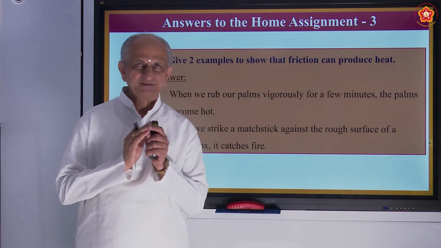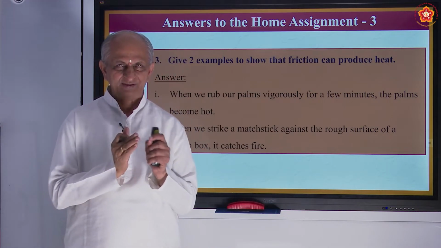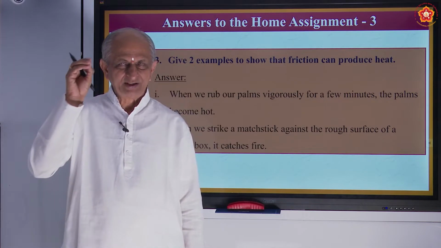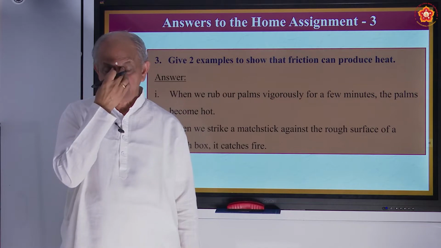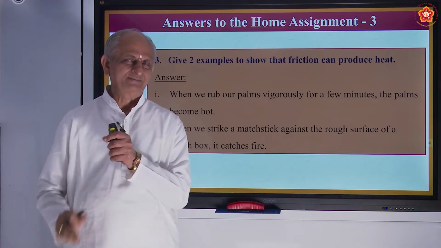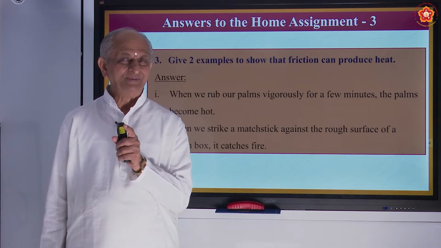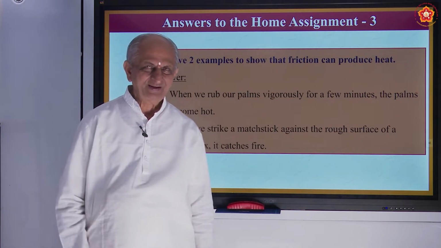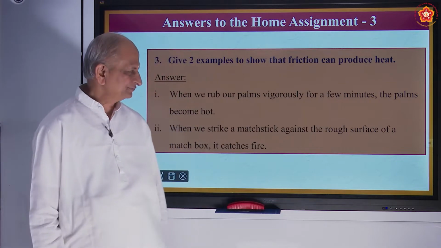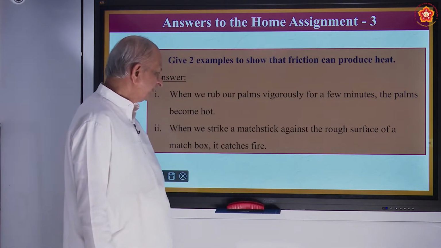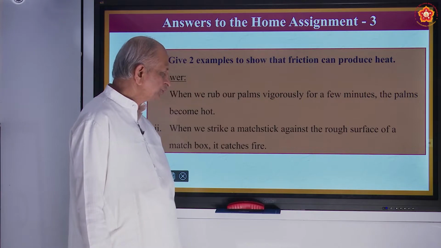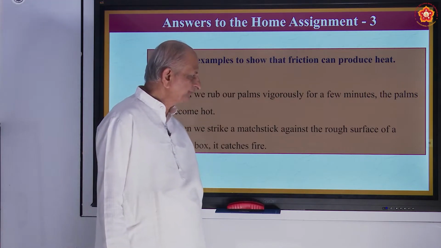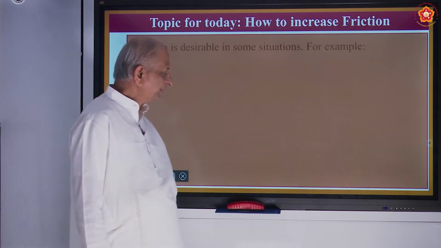And in a matchbox there will be one rough surface on either side. It's called a rough surface, made up of red phosphorus and glass pieces and so on. So when you strike it, that too, one time it may not come. Sometimes it takes 2-3 times striking. Then only it catches fire. Correct? So these are the examples to show that friction can produce heat. Okay.